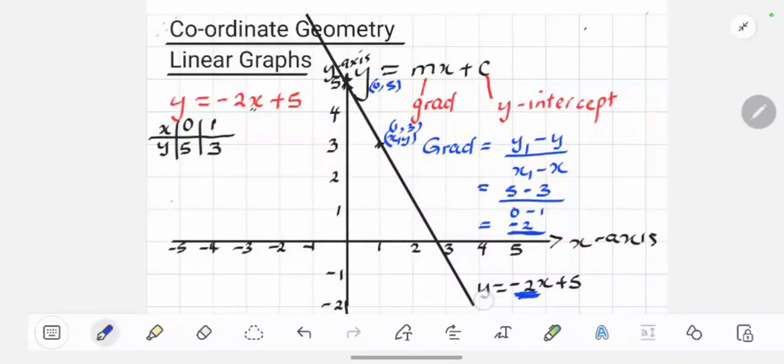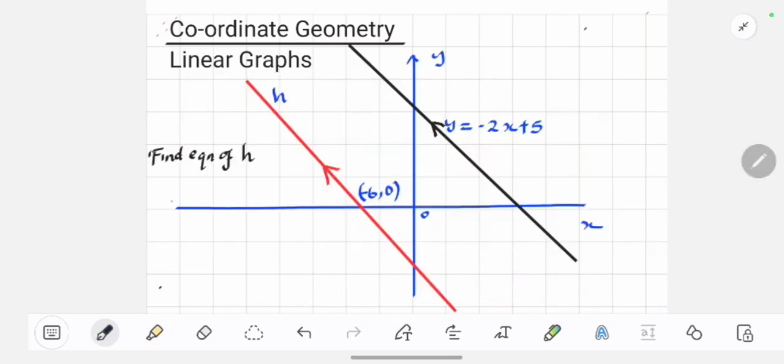You just make y the subject of formula, then from there the coefficient of x is equal to the gradient, and then this plus 5, that is the y-intercept. This is the position where the graph is crossing the y-axis. So that is how we go about it in case that you have the equation of the line and at the same time you don't have the coordinates. So you have to use that equation to find the gradient of that line.